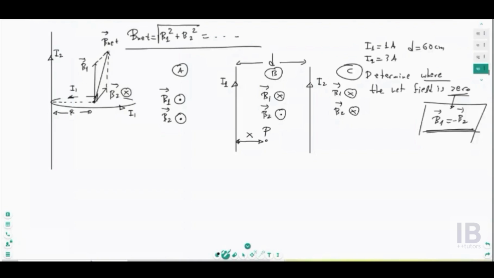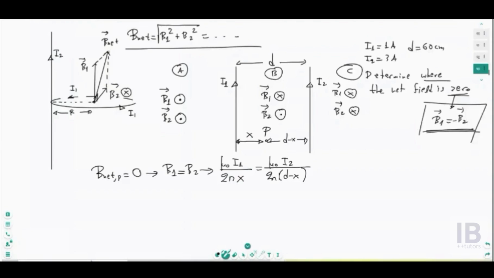Yeah. So at this position, B net at P should be 0, which means that the magnitudes of B1 and B2 must be equal. So you have mu O I1 over 2 pi x equals mu O I2 over 2 pi (d minus x). This is the distance from here, d minus x, isn't it?